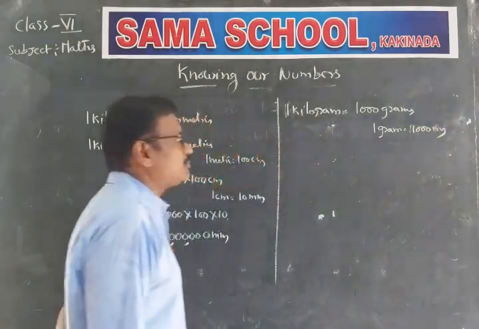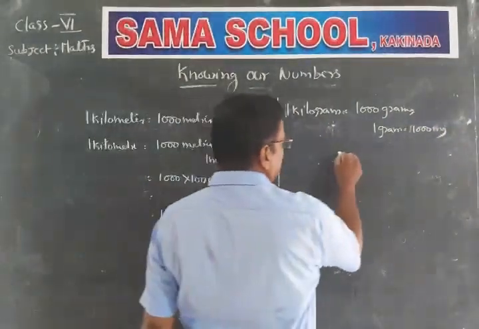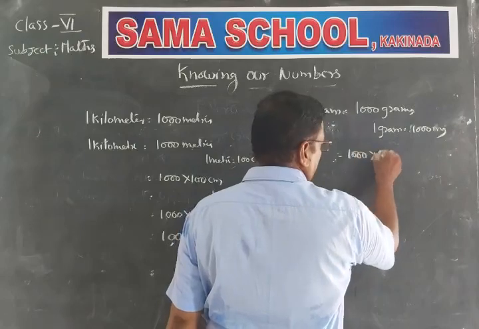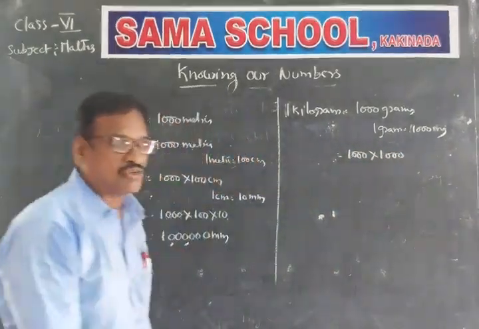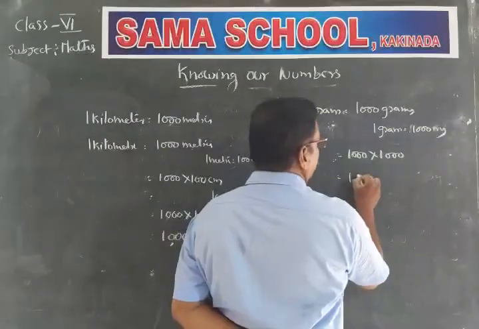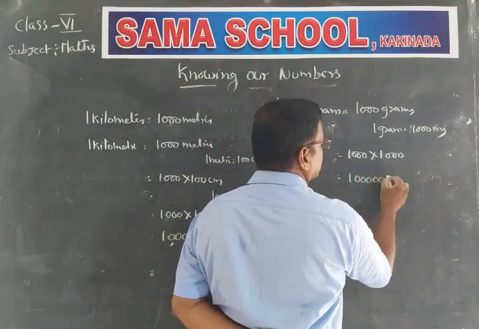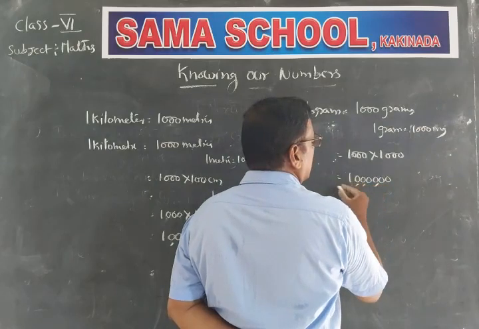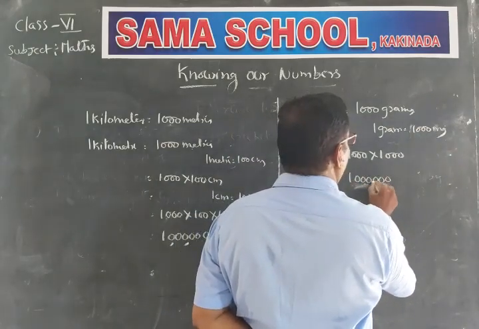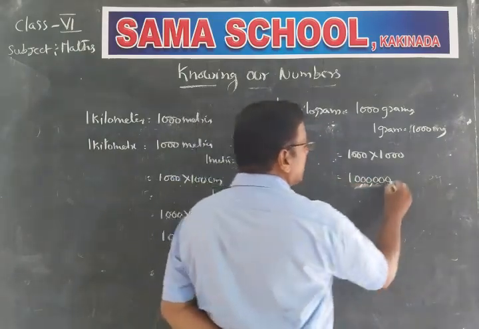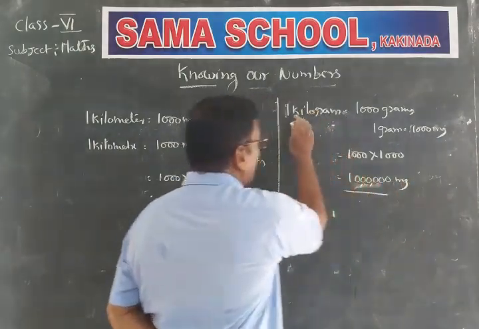So 1,000 into 1,000, that is 3 zeros plus 3 zeros, 1 followed by 6 zeros. That is 10 lakh milligrams. This is 1 kilogram.